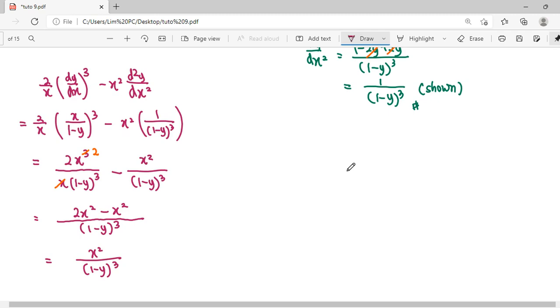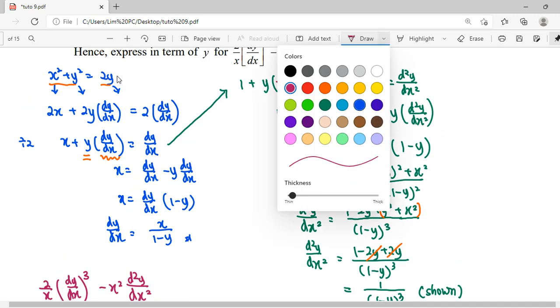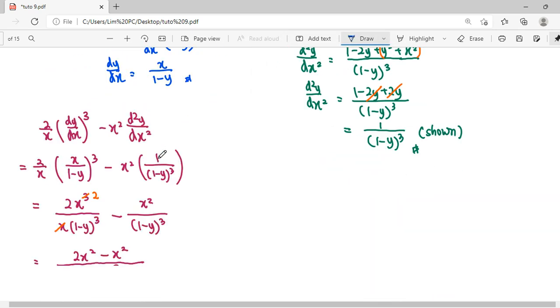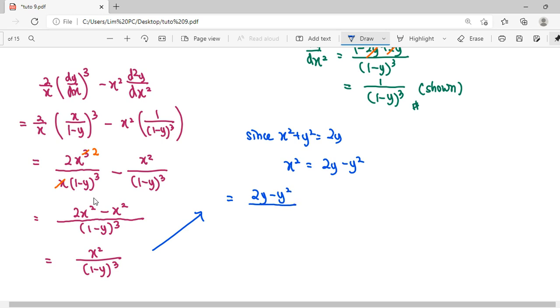We can use our original question: x squared plus y squared equals 2y. So when I need x squared, it will become 2y minus y squared. So I can substitute inside. Therefore, it will equal 2y minus y squared over 1 minus y cubed.